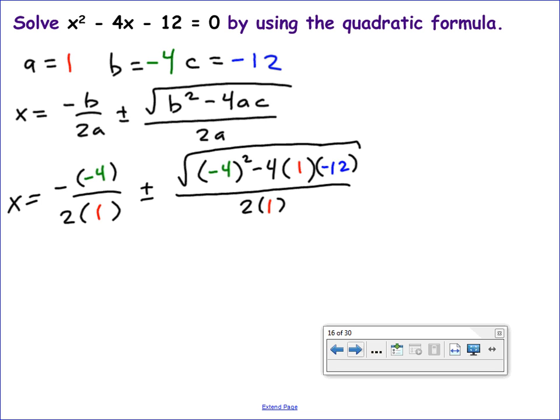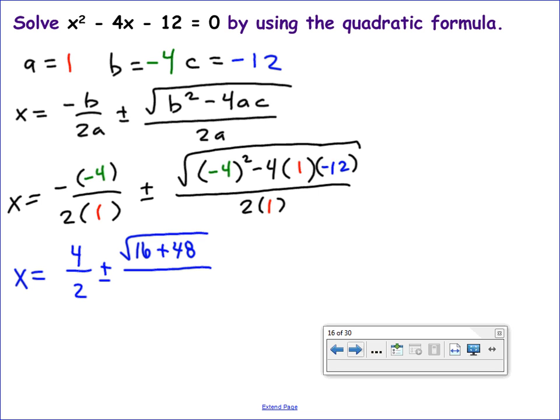Now let's go ahead and evaluate this expression. So we'll start working it out. X equals opposite of negative 4 is positive 4 over 2 times 1 is 2, plus or minus. Let's jump inside the radical. I know that negative 4 quantity squared is 16. Negative 4 times negative 12 is positive 48.